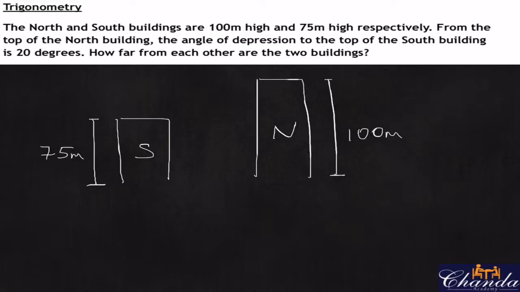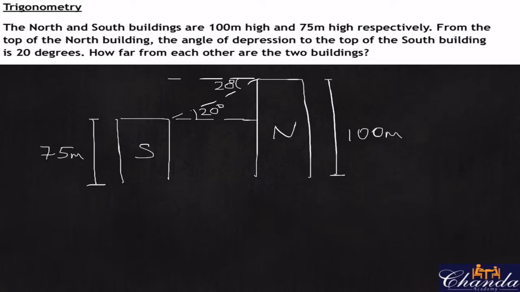Now, the other piece of information that's been given to us is that from the top of the north building, the angle of depression to the top of the south building is 20 degrees. So we have an angle of depression there of 20 degrees. So if I was to extend this out, this would also be 20 degrees.